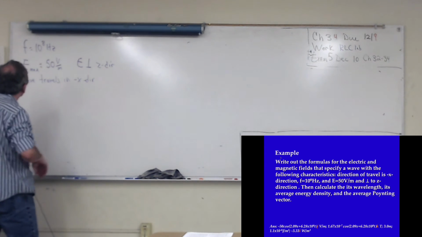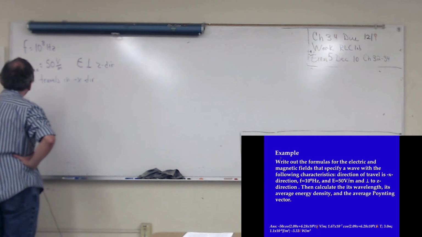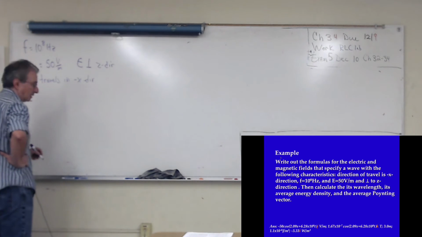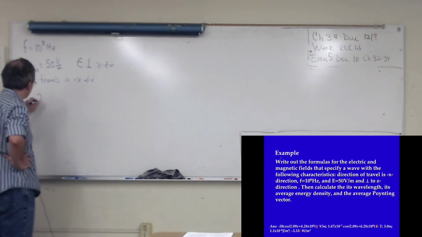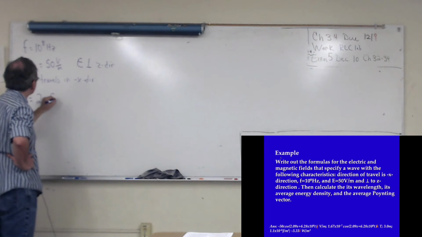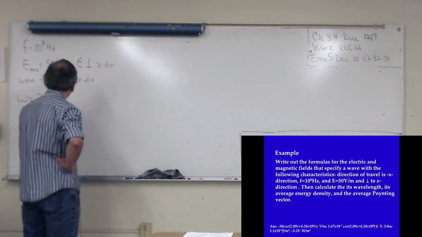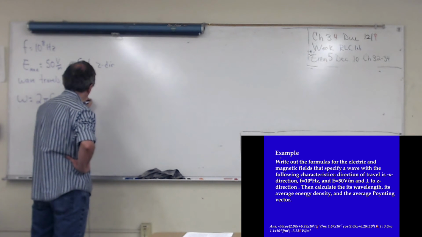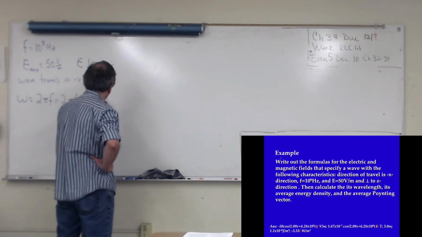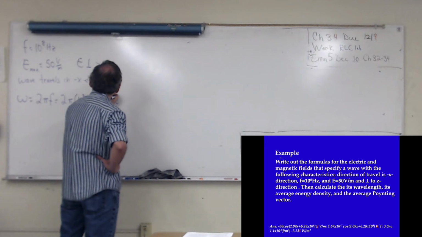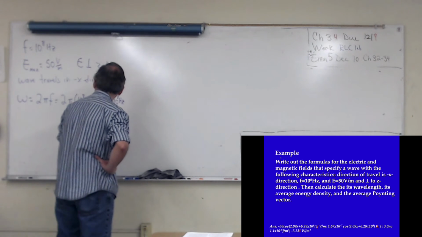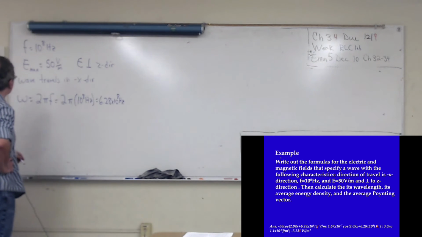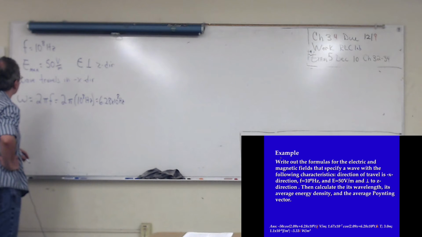So first thing is, what is omega? Well, omega is 2 pi times the frequency. What is the wavelength? Well, c equals f lambda.